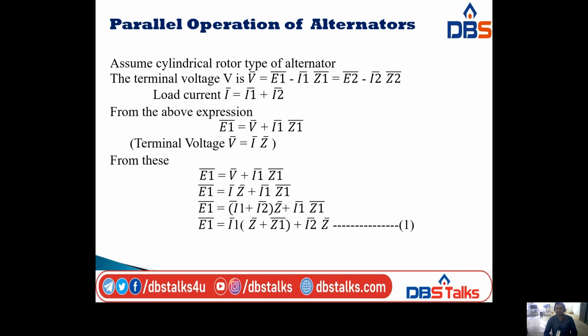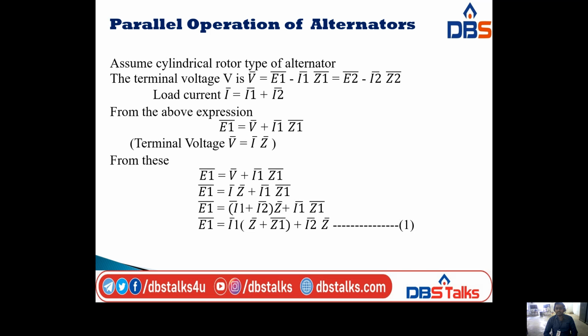From the above expression, E1 bar is equal to V bar plus I1 bar into Z1 bar. Here the terminal voltage V bar is equal to I bar into Z bar, so in the V bar place I substitute I bar into Z bar. That is E1 bar equals I bar into Z bar plus I1 bar into Z1 bar.